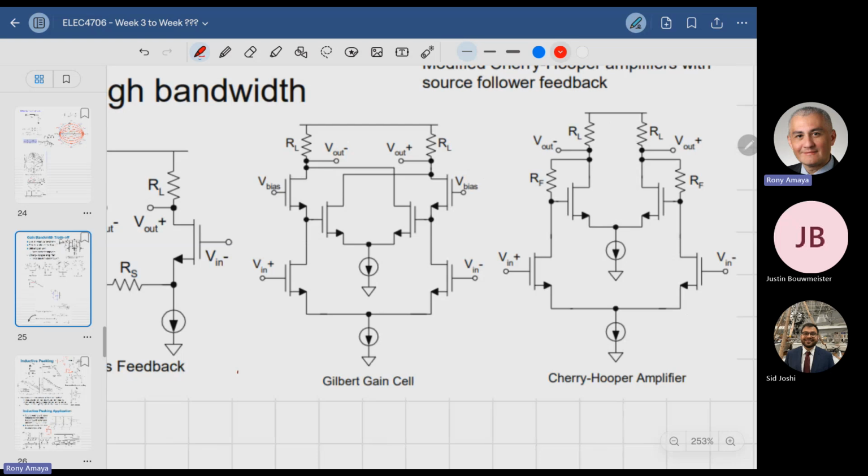And we can use similar effects to improve the gain and bandwidth. And ultimately, we have this Cherry-Hooper, which is what we talked about before. You get twice the transconductance with the same input capacitance, and then you can alternatively control both the bandwidth and the gain separately, as you see here.